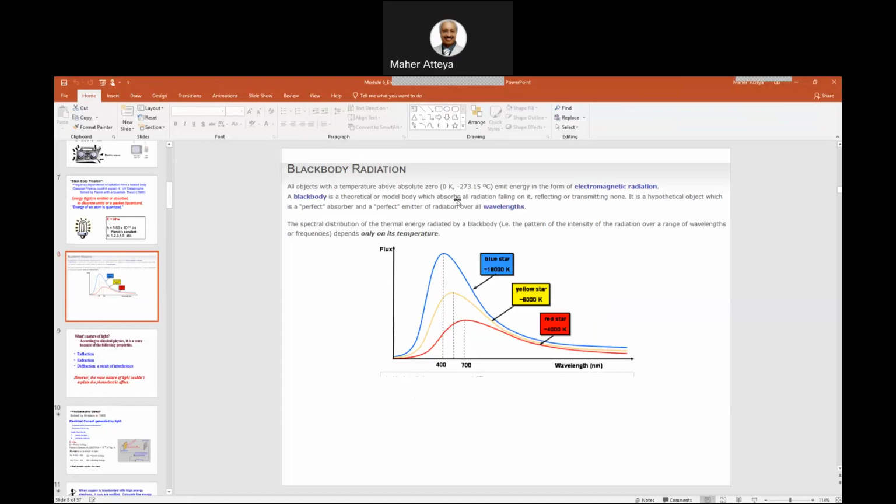This one here, we'll say, is the perfect absorber of all types of wavelength and the perfect emitter of all types of wavelengths. So it takes everything in and then gives everything out, and that's almost impossible. You can't find a body that can do that. Usually, it can absorb in some regions of the electromagnetic spectrum, and it cannot absorb other regions.